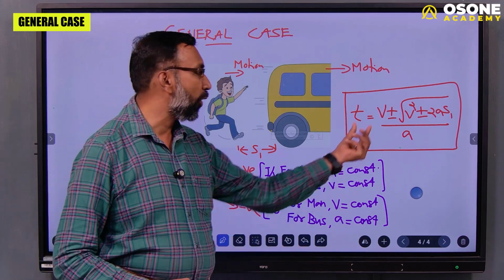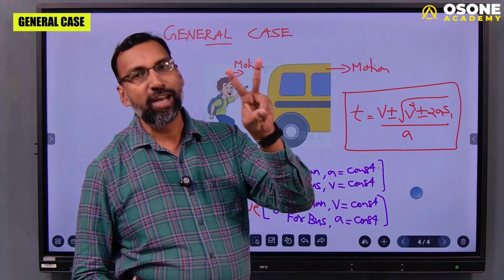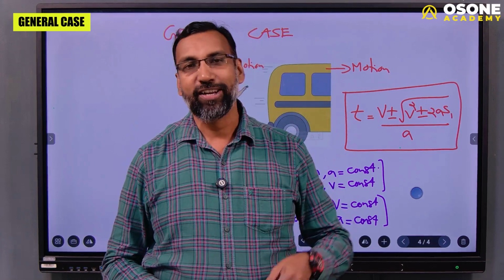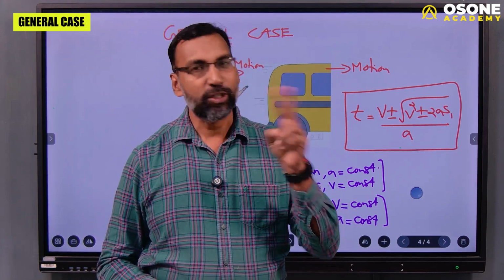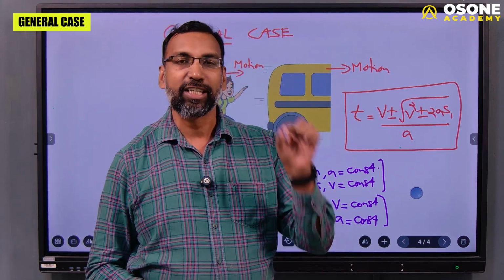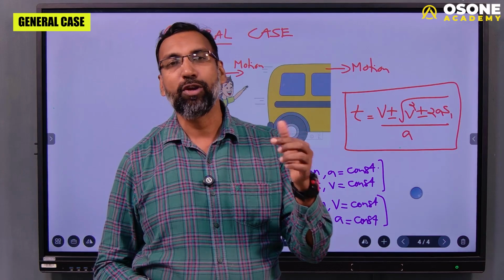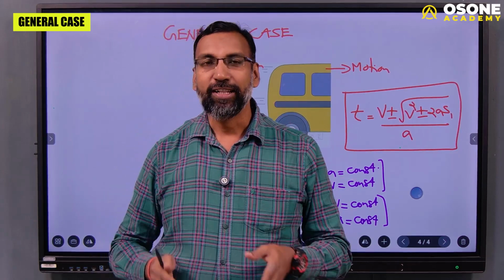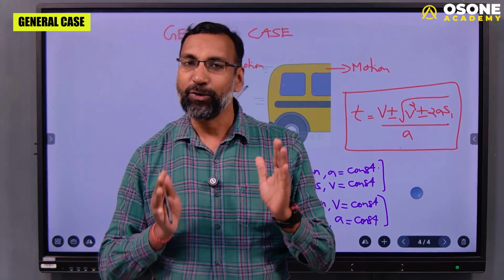Here also solve this equation, find the two values of T, and neglect the negative value of T, as time cannot be negative. If two positive values of T are obtained, consider only the minimum positive value of T. Like that, we found the minimum time taken by the man to catch the bus.